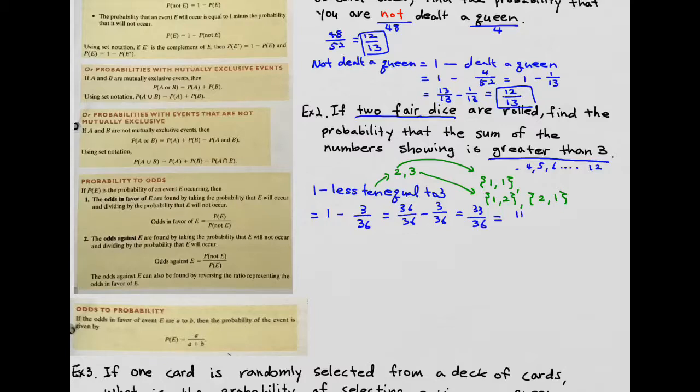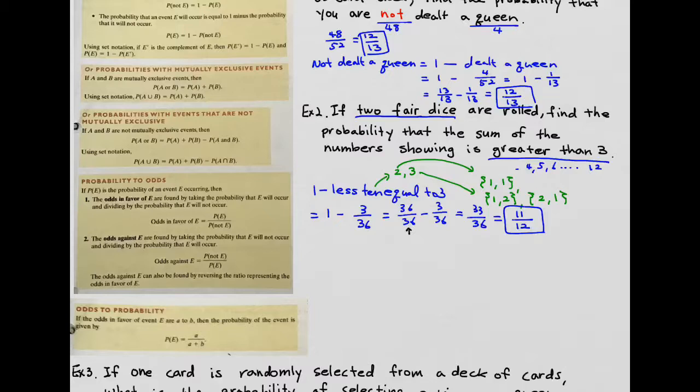Again, you reduce to 11 over 12. And if you wanted to see the 36 outcomes, I'm not going to write all 36, but you can imagine.